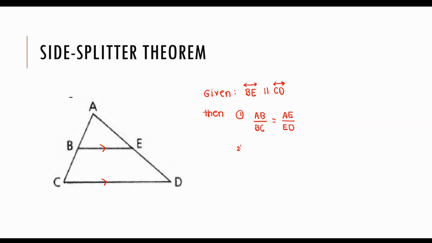The other thing that we're going to be able to recognize is that because I have parallel lines, we're going to get similar triangles. Essentially, I have this angle ABE congruent to this angle C because those are corresponding angles, and corresponding angles are congruent.